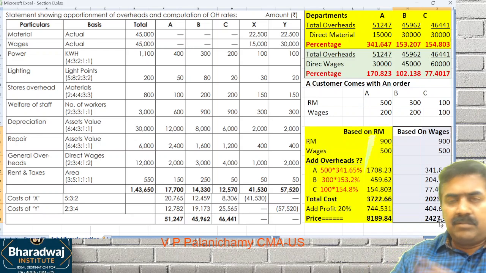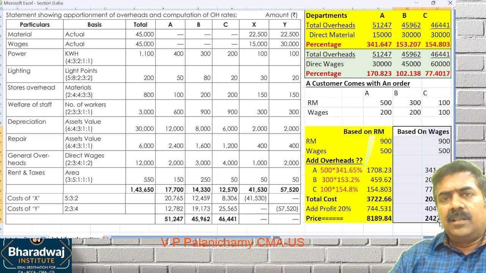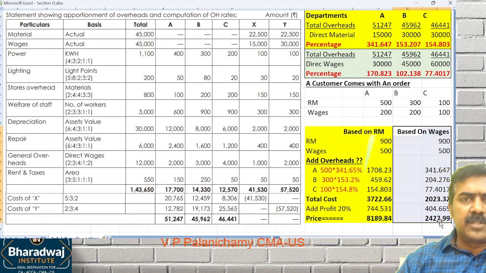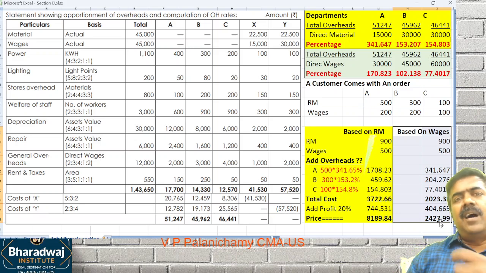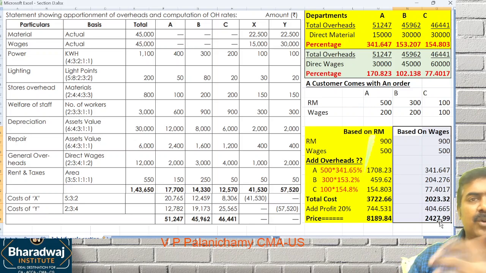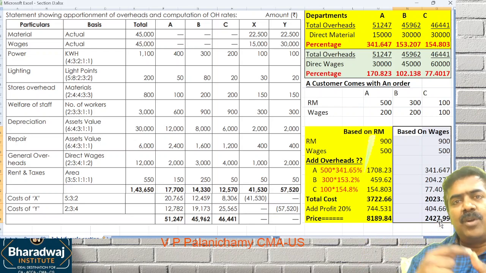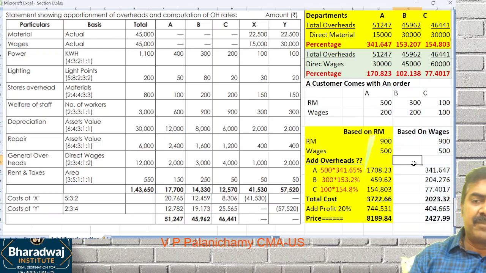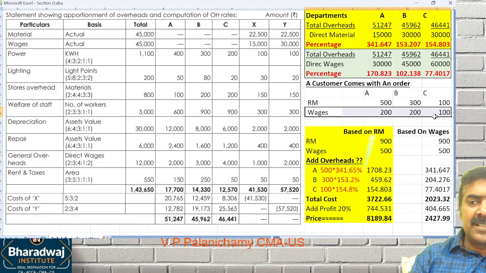What is the difference between a normal pure silk sari sold for 10,000 and an artwork silk sari sold for 1 lakh? Material is same, but the amount of work involved is more in the second sari, where you will absorb the overheads based on wages.